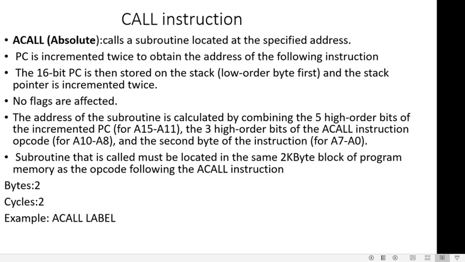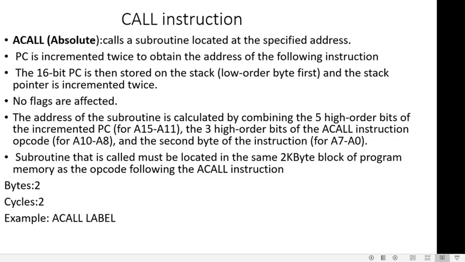No flags are affected. The address of the subroutine is calculated by combining the 5 high order bits of the incremented PC, that is A11 to A15, the 3 high order bits of the ACALL instruction opcode for A8 to A10, and the second byte of the instruction for A0 to A7.